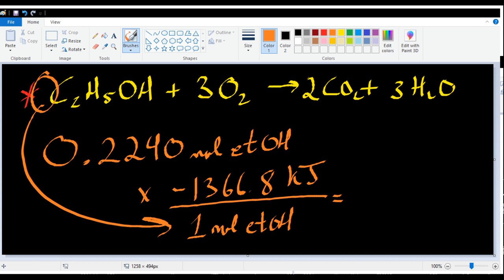And then we hop into our calculator again. Don't forget the negative sign. Negative 306.2 kilojoules. Okay. So if you burn 10.32 grams of ethanol, that's 0.224 moles, and it will release 306.2 kilojoules of energy.